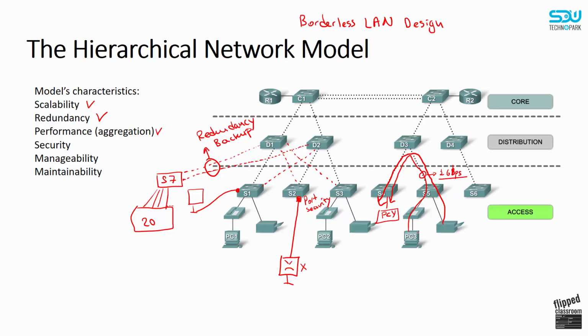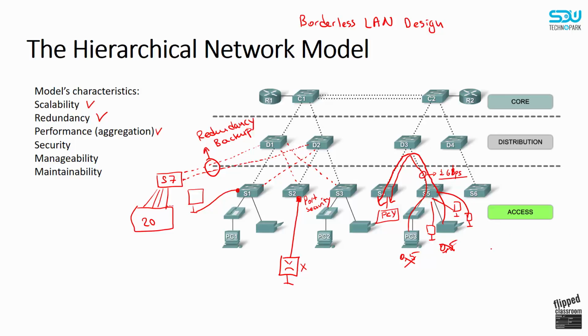I mean, half, 0.5, will go here and 0.5 will go here. But in case they have a third device, and fourth and fifth, etc., so if there will be a lot of devices connecting to this switch, and if all of these devices are going to communicate with other devices outside of this segment, then all of them will share the single link.